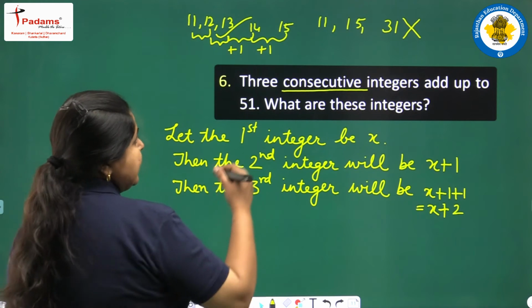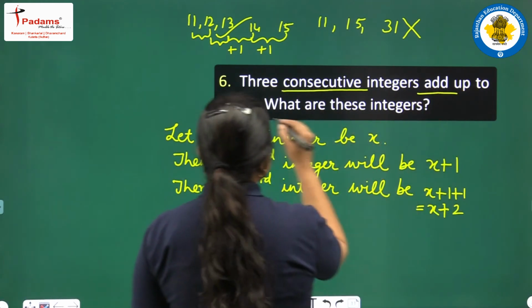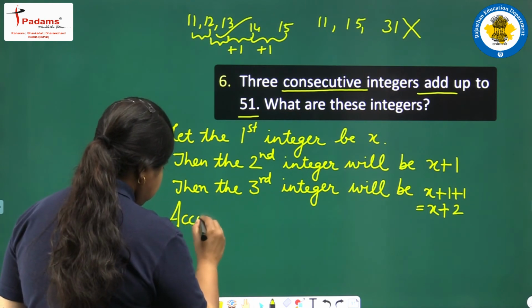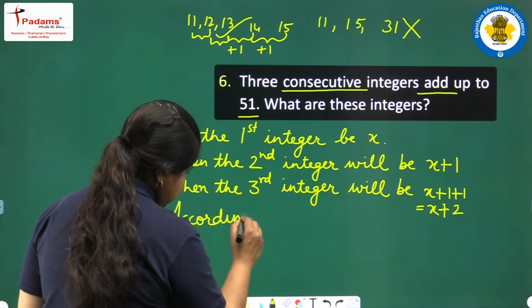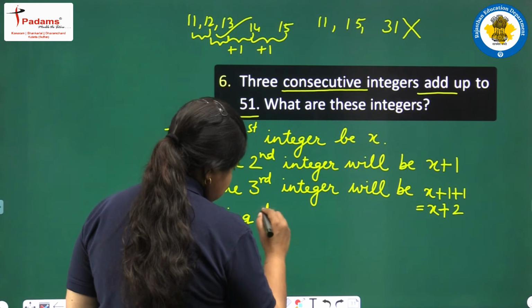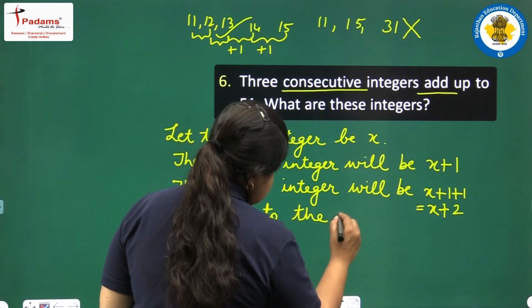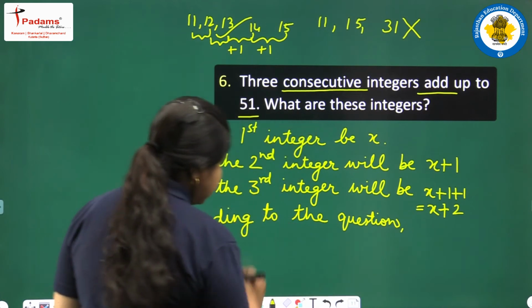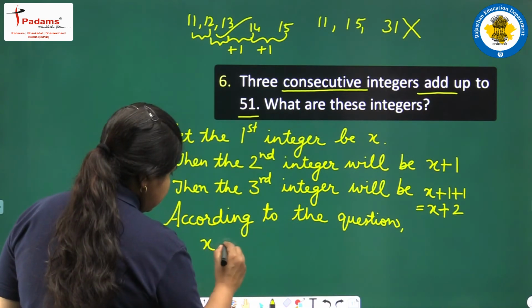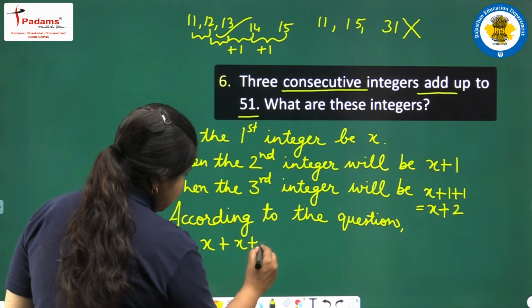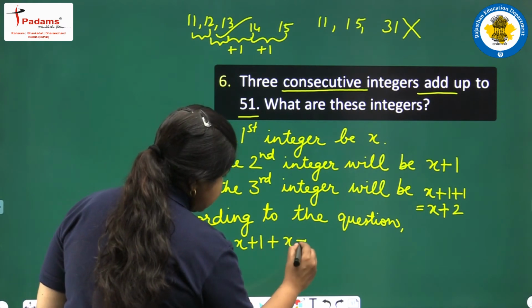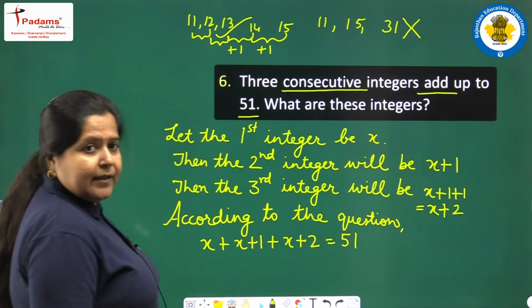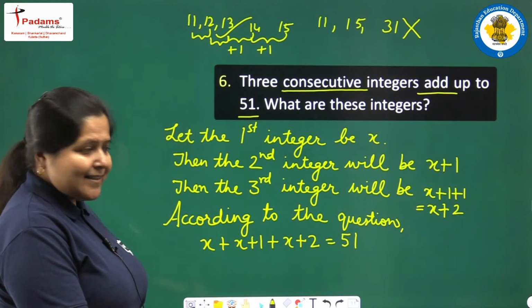Now, it is given that all three add up to 51. So, according to the question, add the three: x plus x plus 1 plus x plus 2 equals 51. We have added all three integers.